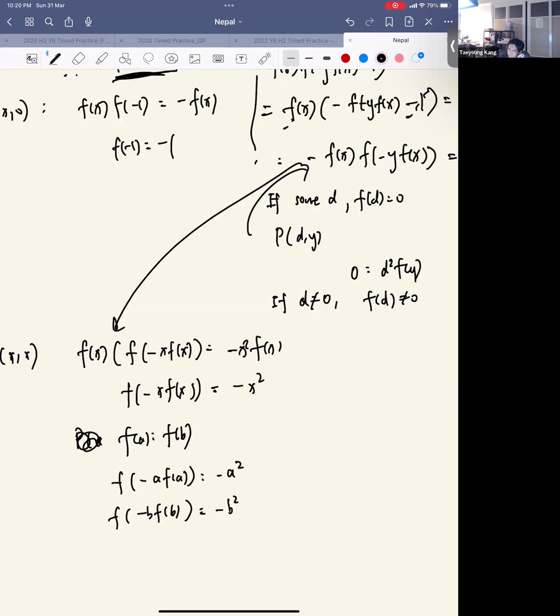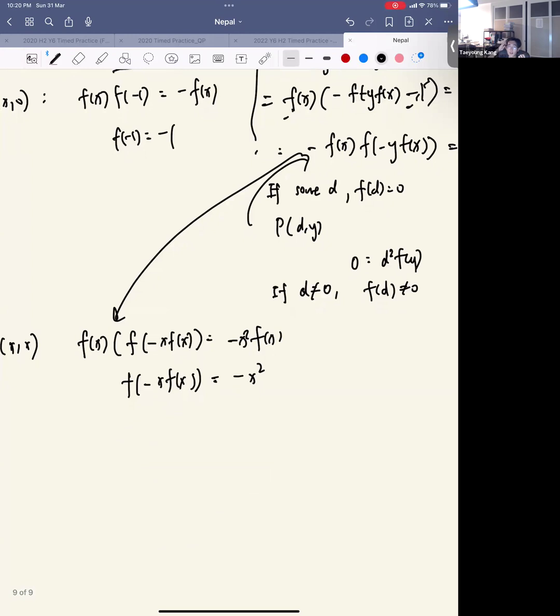So note that a squared must be equal to b squared. So we have that a is plus minus b, but this is not very important yet. We need to take this information into note. But it's just good to know, at this instance, that we have some sort of injectivity going on.